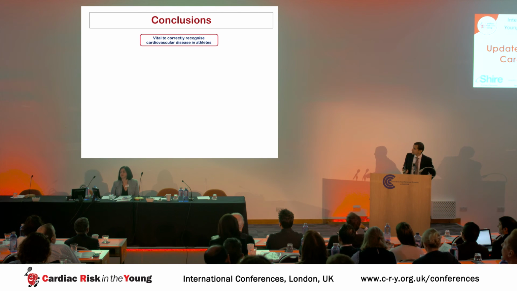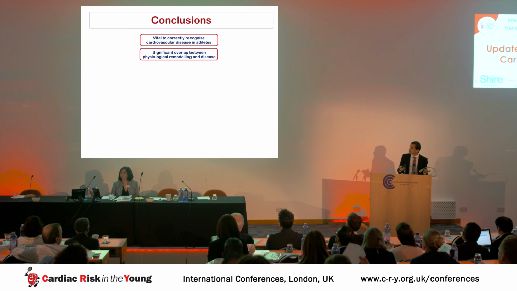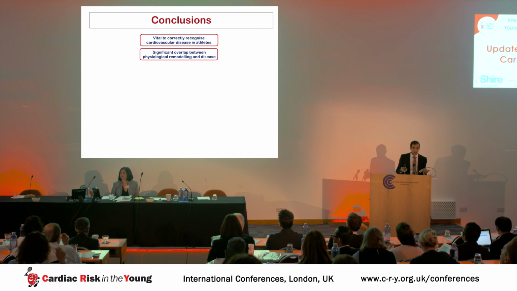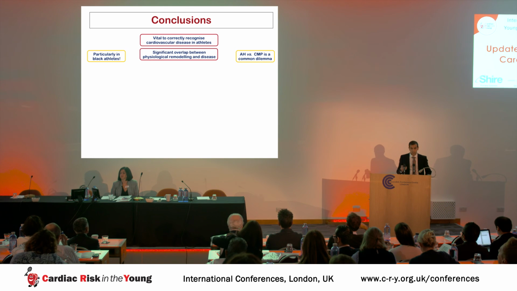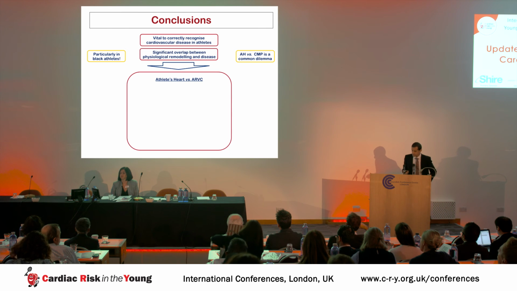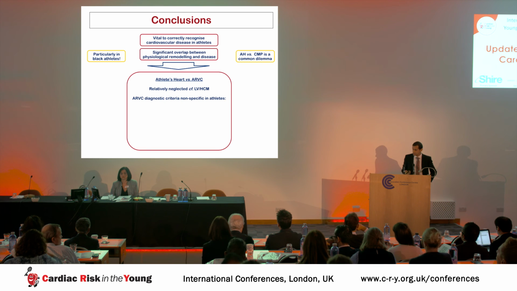So in conclusion, ladies and gentlemen, it is vital to correctly recognize cardiovascular disease in athletes. But there is significant overlap between physiological remodeling and disease, and you'll hear this again and again today. Athlete's heart versus cardiomyopathy is a common dilemma in sports cardiology, particularly in black athletes. The issue of athlete's heart versus ARVC is relatively neglected compared to the issue of left heart remodeling versus left heart cardiomyopathies.